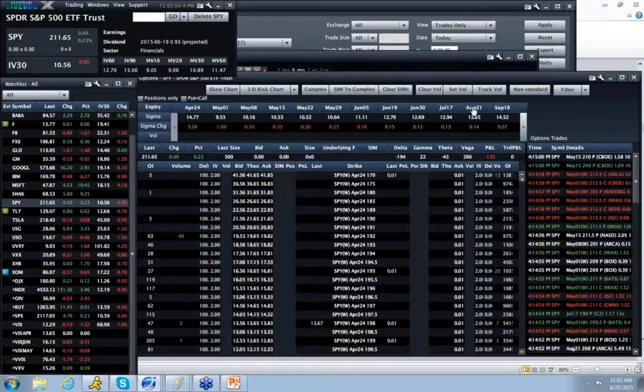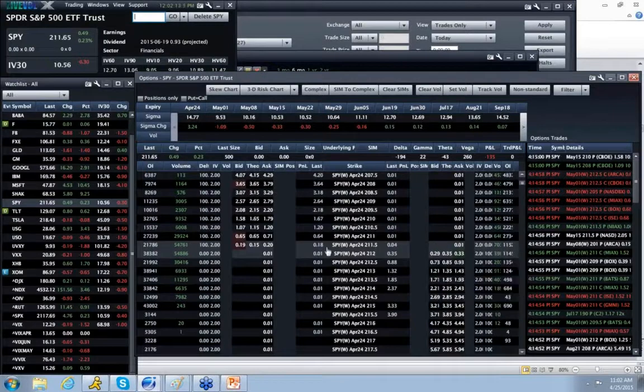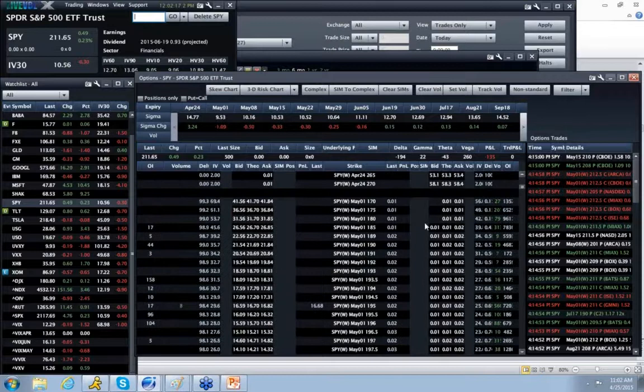All right, so if I look at SPY, it closed 211.65, and let's go to May, next week's option. Does anybody think SPY is going to go to 185 by next Friday?